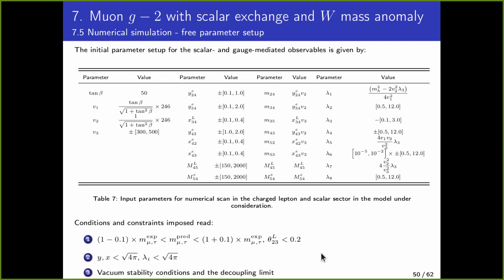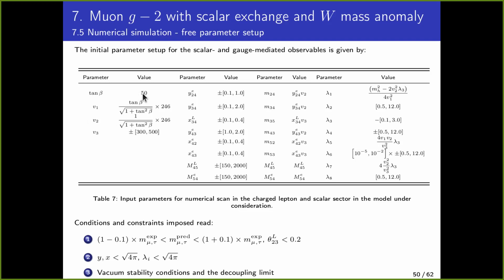Now I will talk about our parameter setup for the oblique parameters as well as the muon mass with scalar exchange. Here we set tan beta to 50, and as I told you, this means the down-type Higgs mass becomes this numerical value of 5, which is very close to the bottom mass. By doing so, we can also set the second generation fermion mass to be very close to unity, which is a very preferred choice to explain the muon mass.